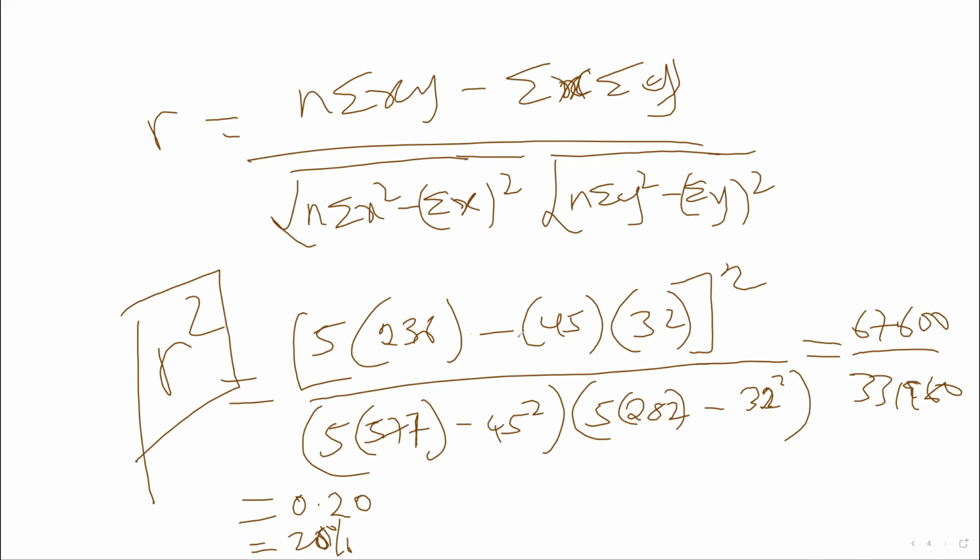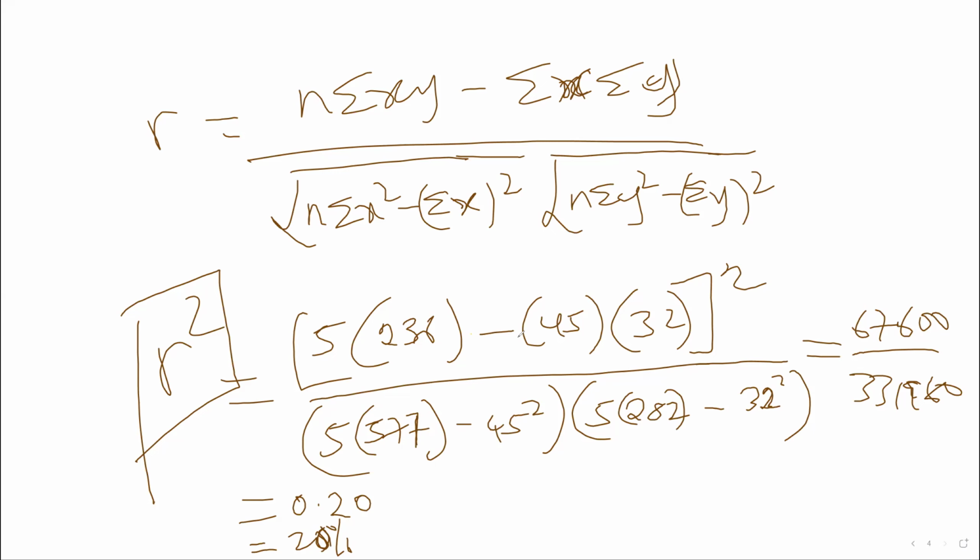20% of the total variance. We can say 20% variation in cost is explained by regression on mileage. Good.